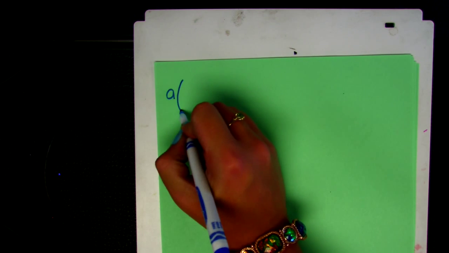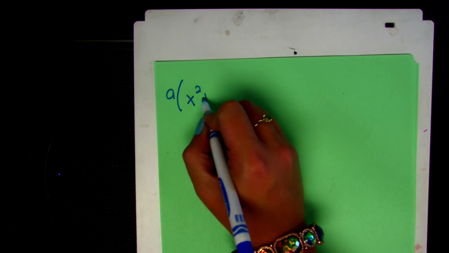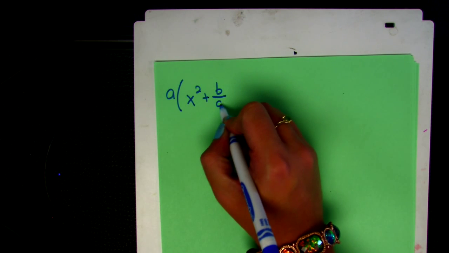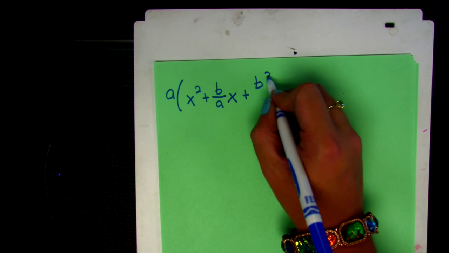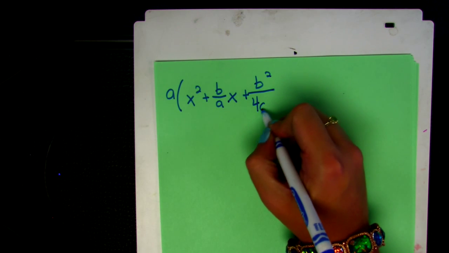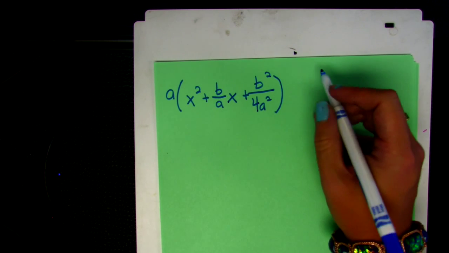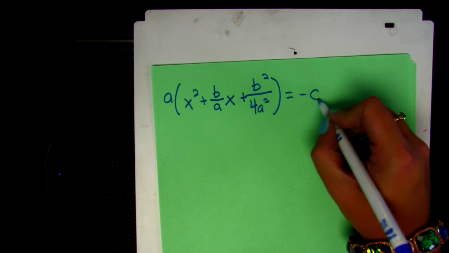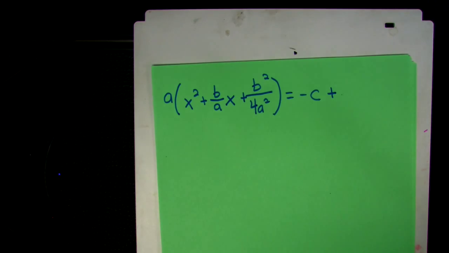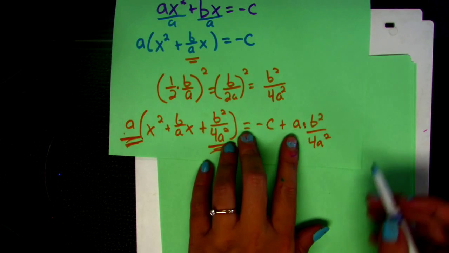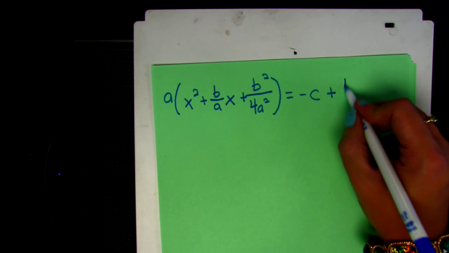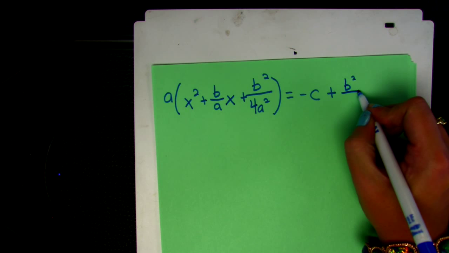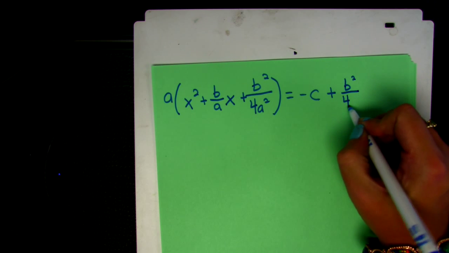When I simplify, I have a times x squared plus b over a x plus b squared over 4a squared equals negative c plus, so this a is going to cancel one of these a's, leaving me b squared over 4a.